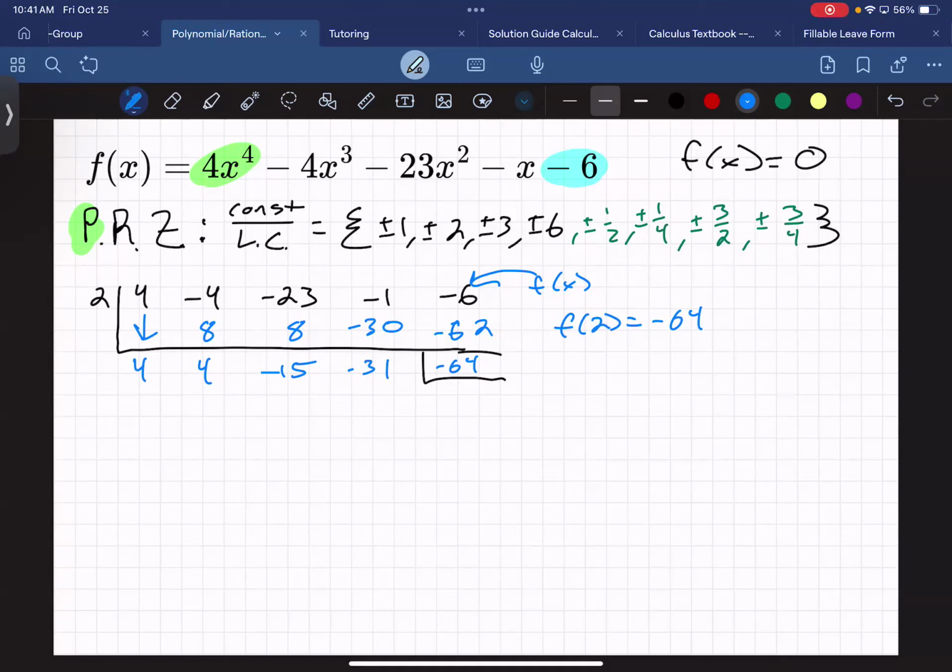Now, will I have you graph such a point on the test? No, but know that that is a solution to our graph, okay? Are we good with where that's coming from? So did 2 work? No, because we wanted what? We wanted a remainder of 0. So what's another number? Someone else? Huh? -1. Let's try -1.